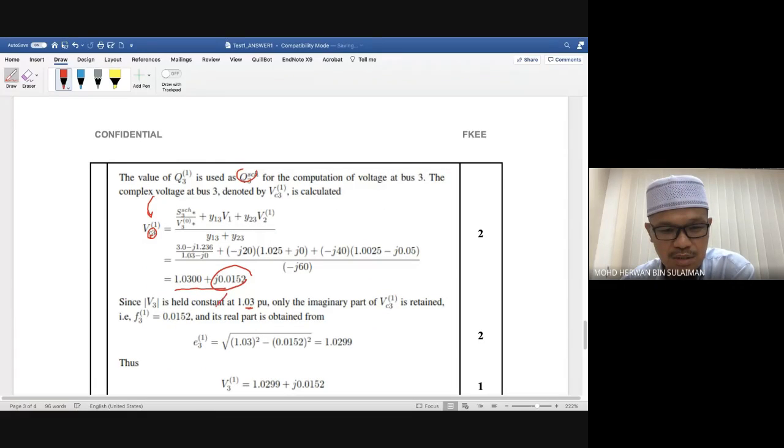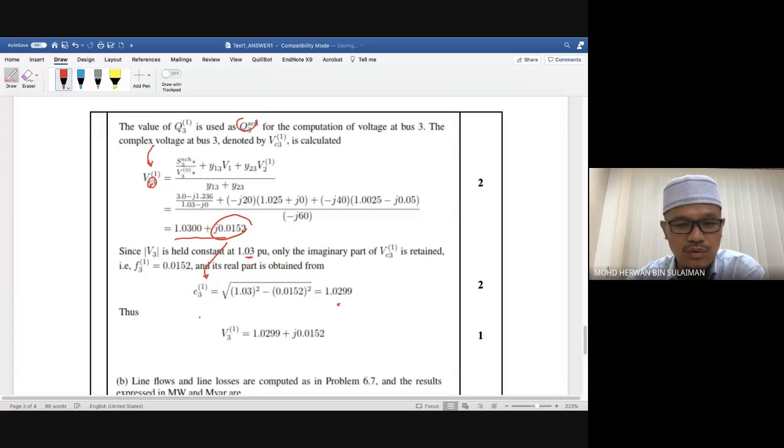So you need to find E31, which is the square root of 1.03, because you want to maintain 1.03 minus this value. So you get 1.0299. That's why the value of your real part, instead of 1.03, is basically 1.0299.